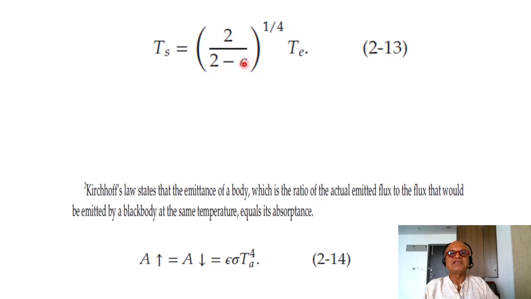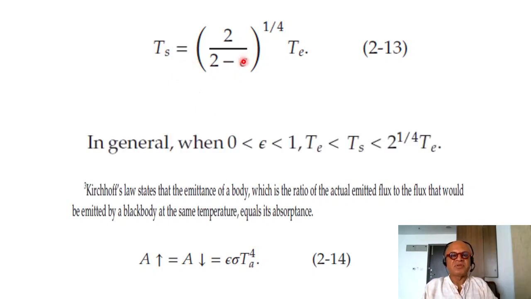But if epsilon is less than 1, in which case the atmosphere is leaky, so it will only keep part of the energy coming from the surface, then this will change the surface temperature. Very, very simple. In general, epsilon varies from 0 to 1. 0 is when it's completely transparent, and 1 is when it's completely opaque.